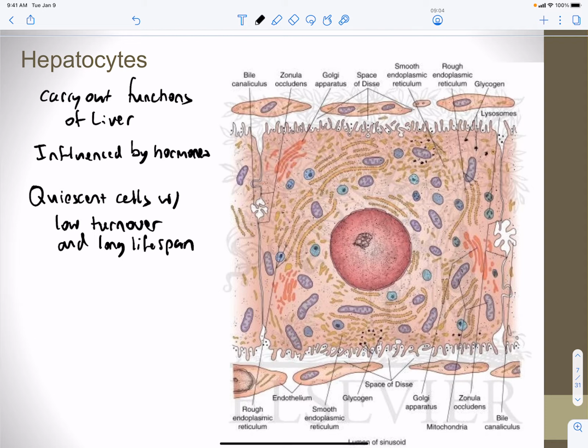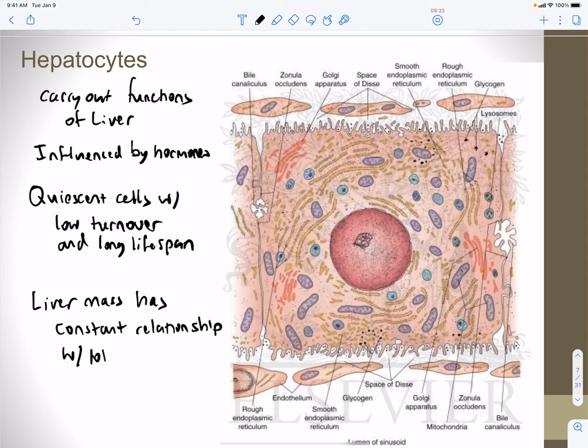Quiescent does not mean they're not metabolically active, it just means they don't divide much. So the liver mass has basically a constant relationship to the total body mass of adults. And so what that means is as you grow, your liver grows, etc.